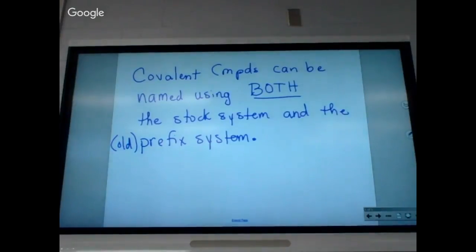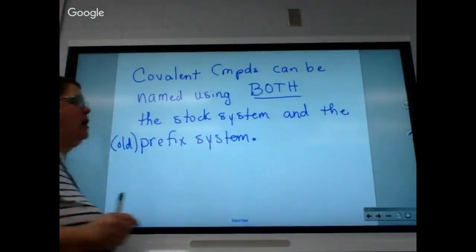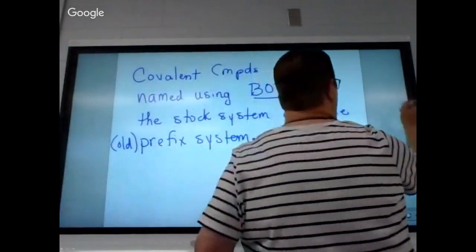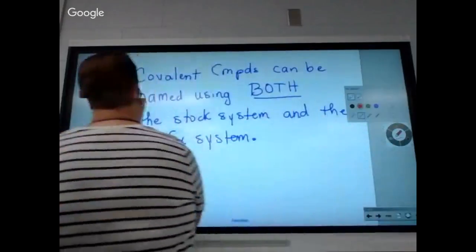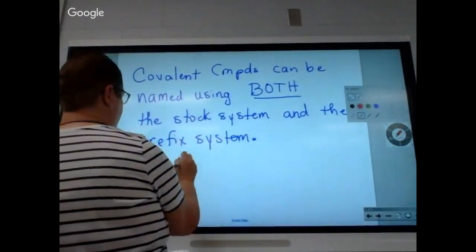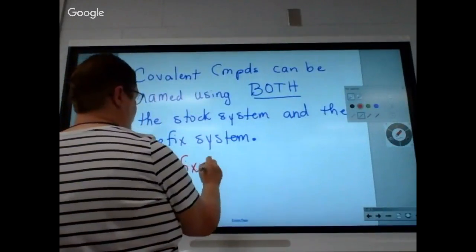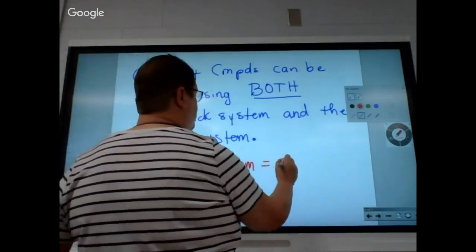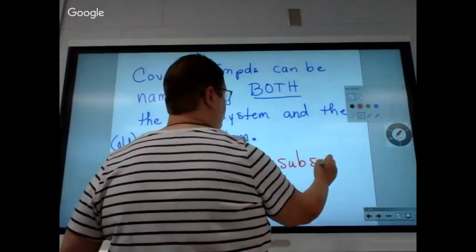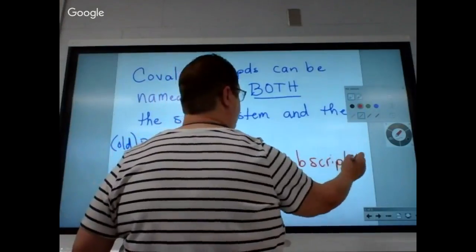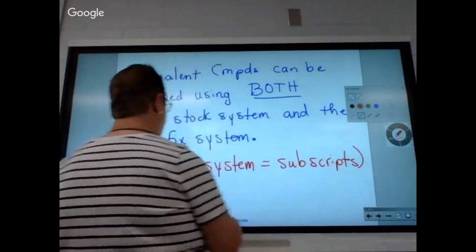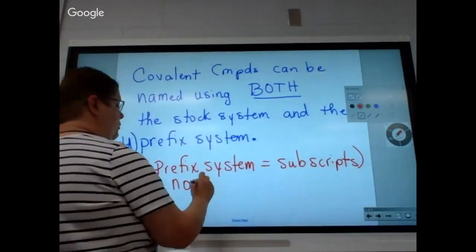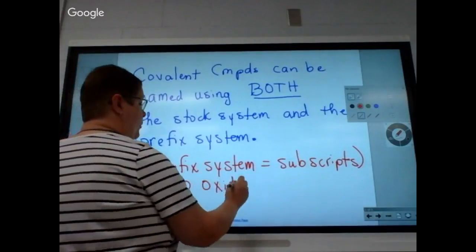Now, the prefix system, once we learn that, some of y'all are really going to like, because the prefix system equals the subscripts. Okay? There are no oxidation numbers.